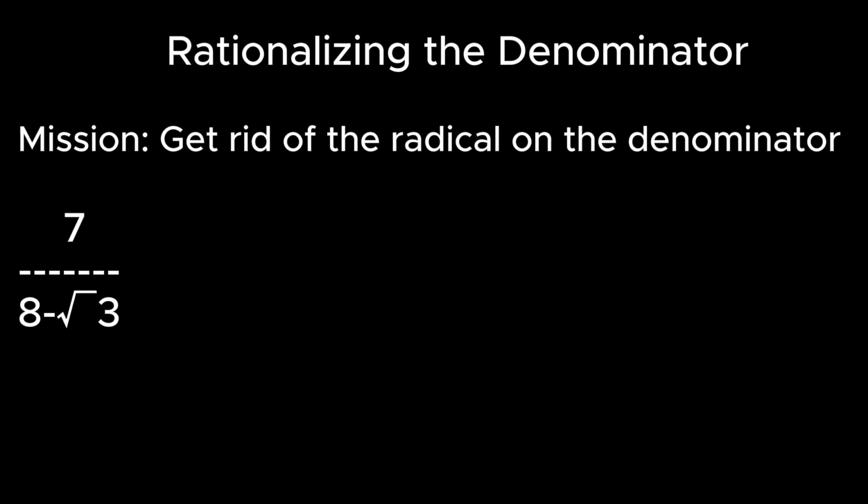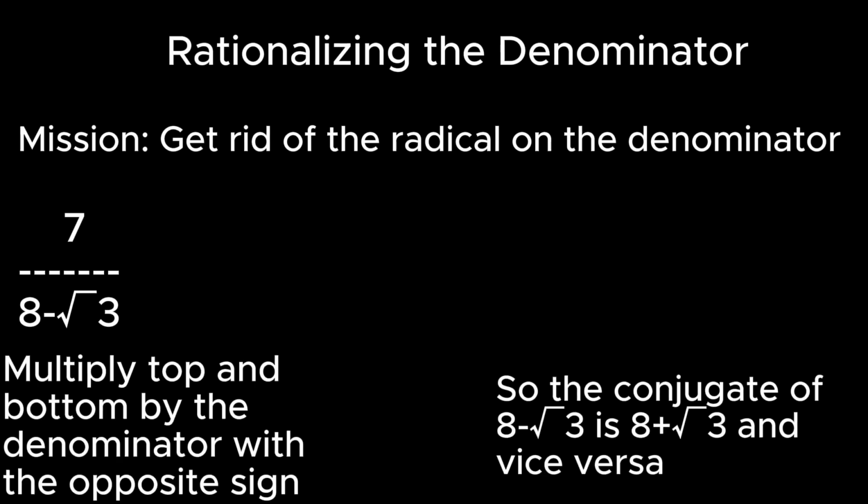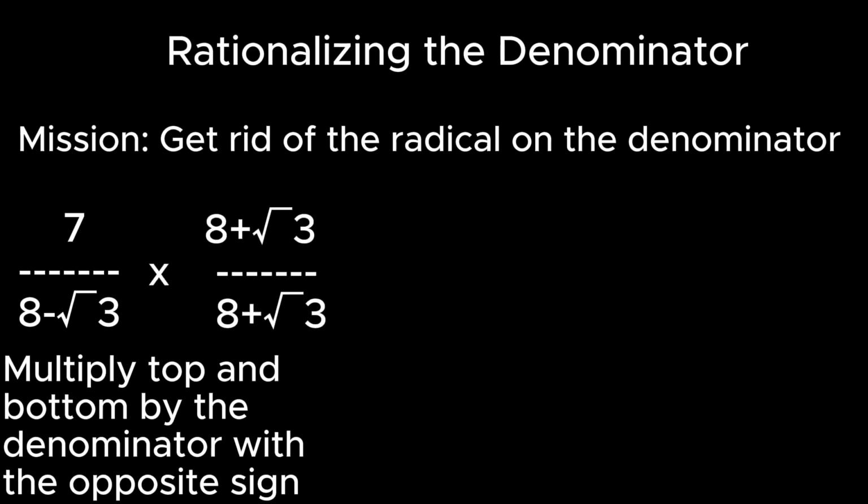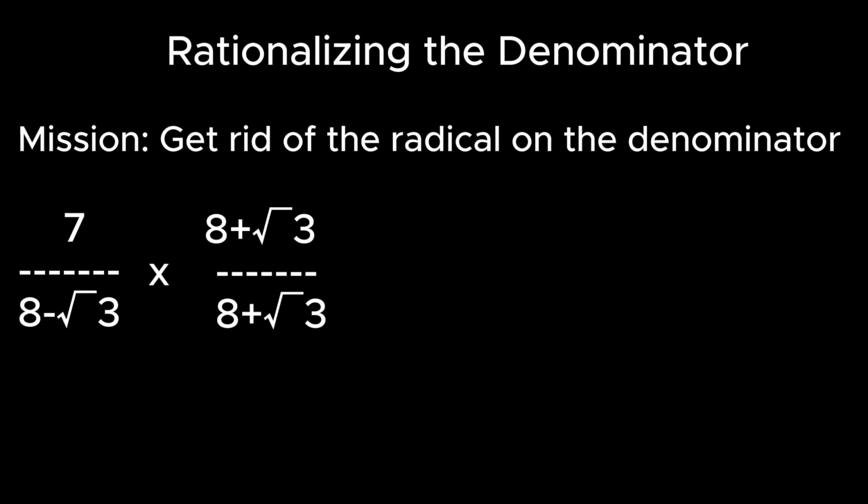So if you have, let's say, 8 plus radical 3, you would multiply the top and the bottom by 8 minus radical 3. And in this case, since we have 8 minus radical 3, we would multiply the top and the bottom by 8 plus radical 3. And I'm going to tell you why once we finish this problem.